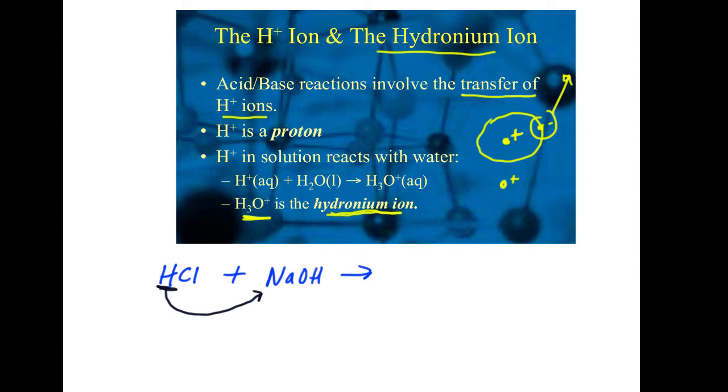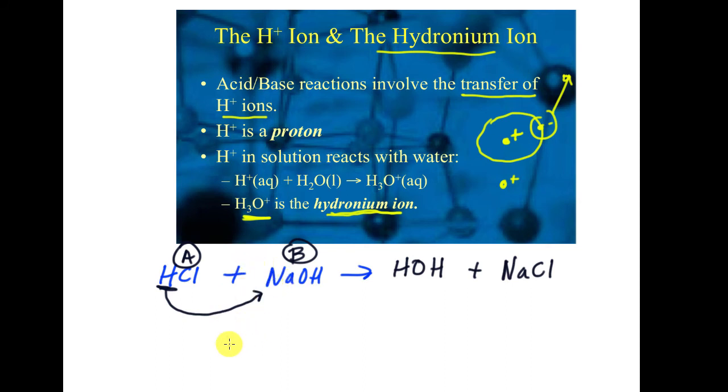So as a product for this reaction, I'm going to end up with H2O, because the hydroxide now has the hydrogen ion. What I'm left with is sodium chloride. So this is considered my acid because it lost the hydrogen ion. This is considered the base because it gained the hydrogen ion. So really this reaction is a transfer of hydrogen ions from one compound to the other.